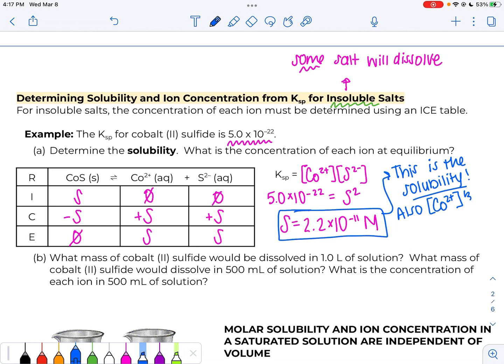Oops, cobalt and sulfide at equilibrium. All this is saying is that we would plug it back in for these values right here, and we'd get the exact same thing because they're equal to S. So it's our solubility, and it's our concentration of cobalt and sulfide.